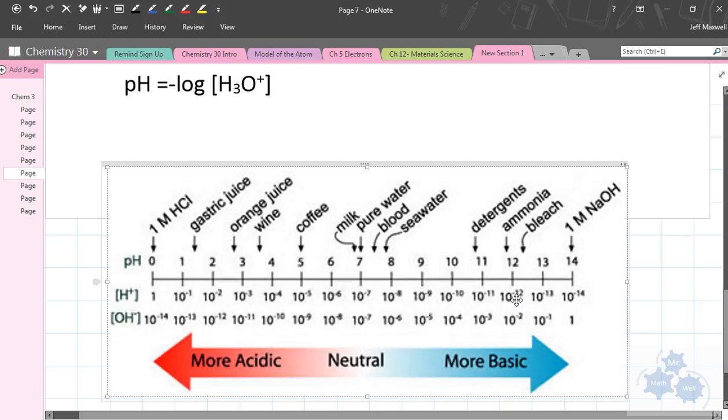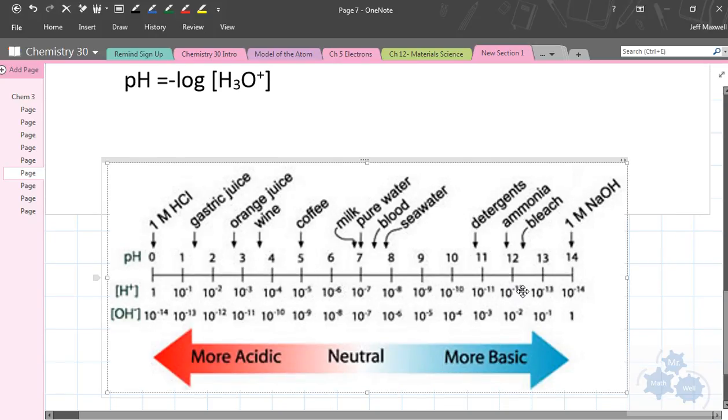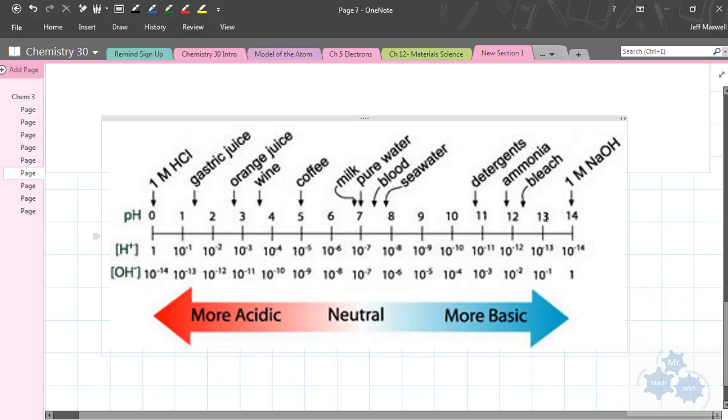Notice that when you have something that's very basic, you have a very small hydrogen ion concentration. See that? Very small. You also have a very high concentration of OH minus ions.